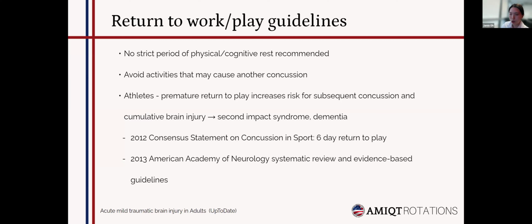But overall, the general point of these guidelines is that if an athlete is suspected or diagnosed with having a mild traumatic brain injury, then you would remove them from play, from games or practice, and they would have to stay off until their symptoms resolve and they're off medications.